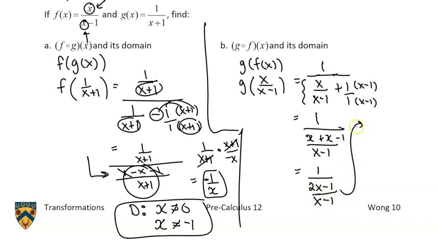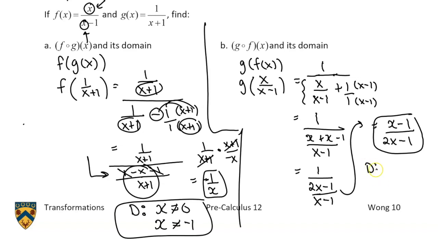And when you flip that, you're going to get x subtract 1 over 2x minus 1, and that would be your final answer. So in terms of looking at restrictions for this, you would see that your final answer has a denominator of 2x minus 1, which means that x could never equal a half.